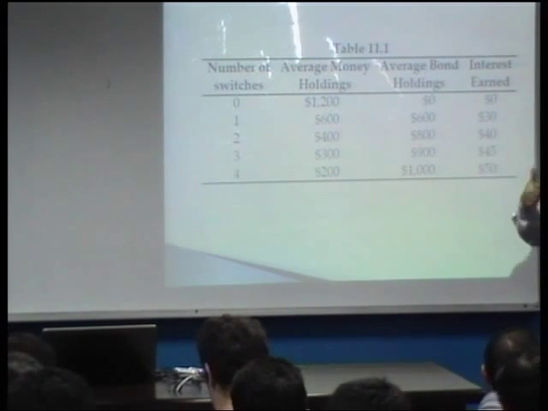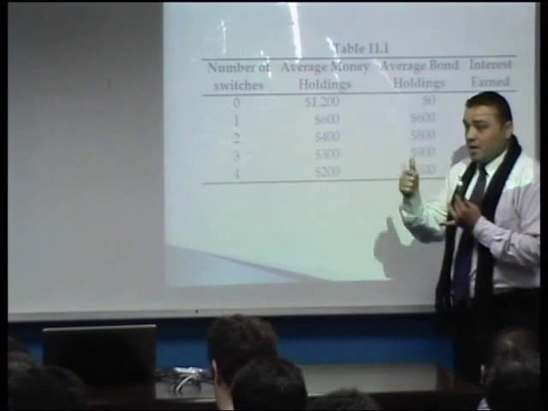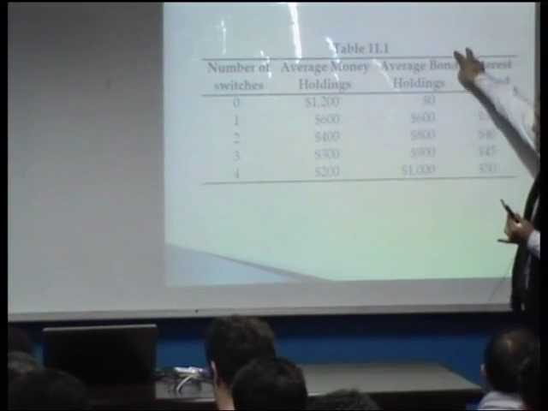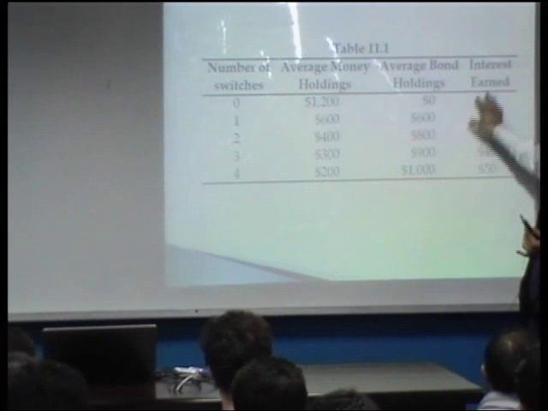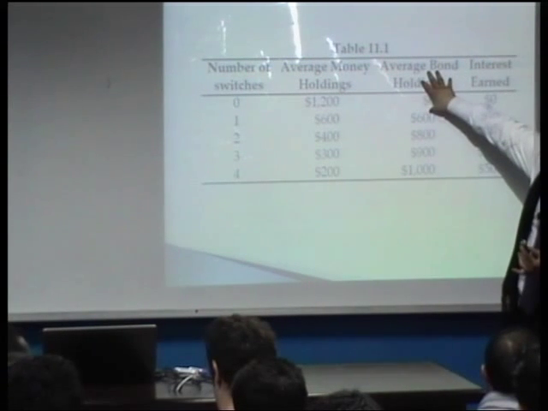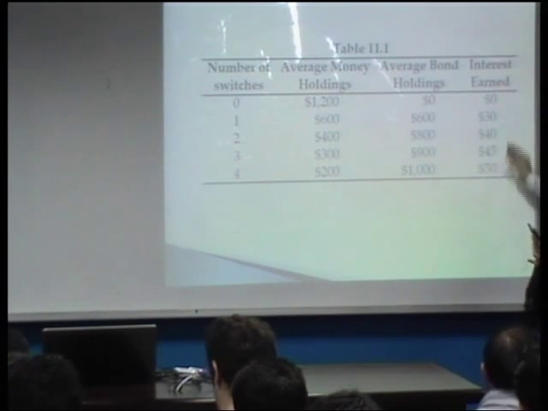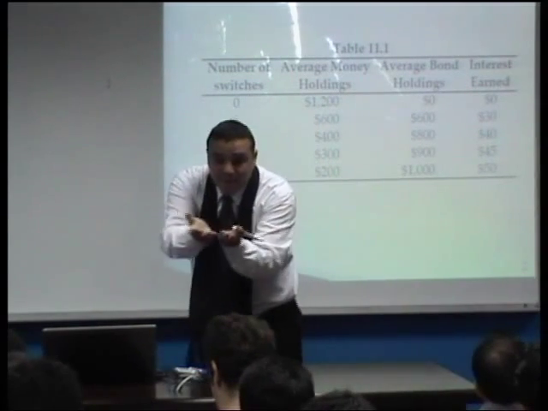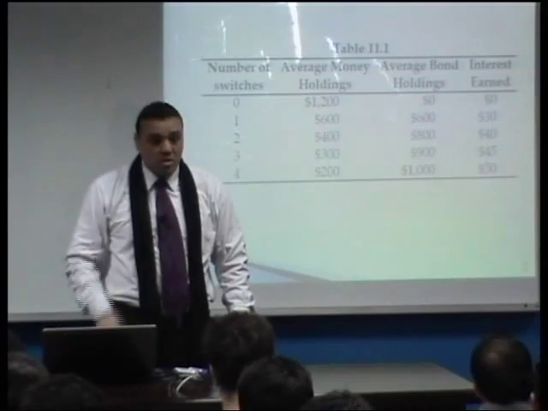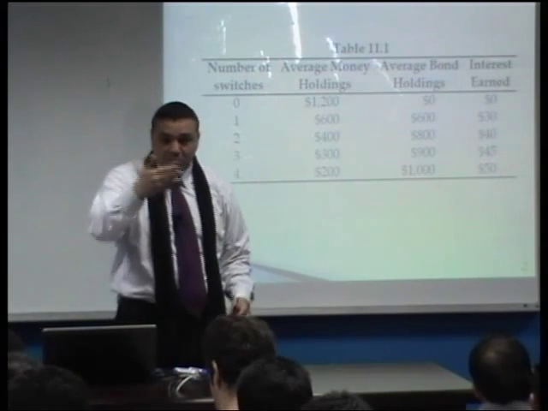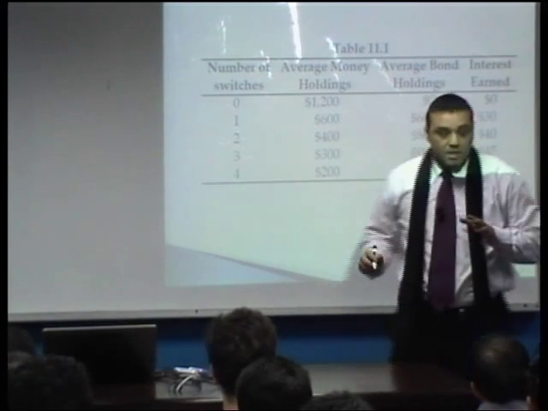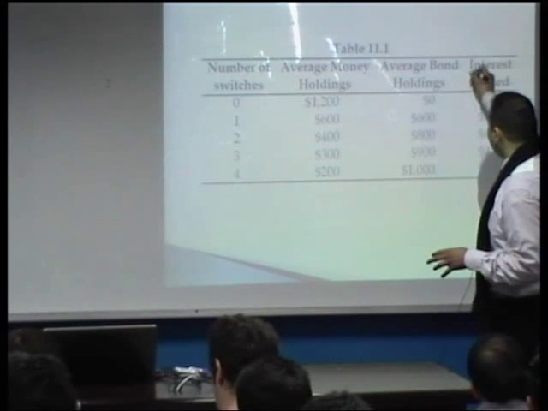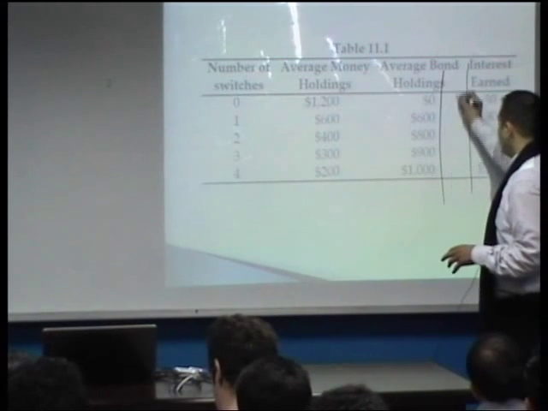Right? So to calculate net profits, interest earned minus cost of switches gives me the net profits, and the highest net profit is the optimal balance, and based on that I determine the required optimals.